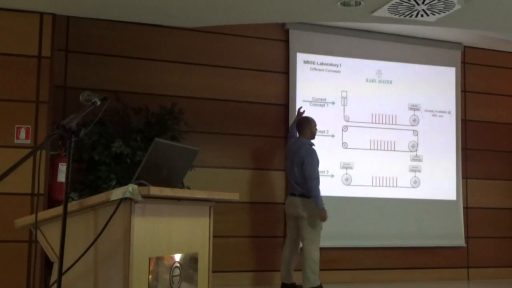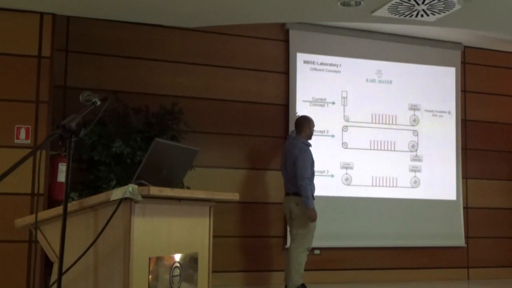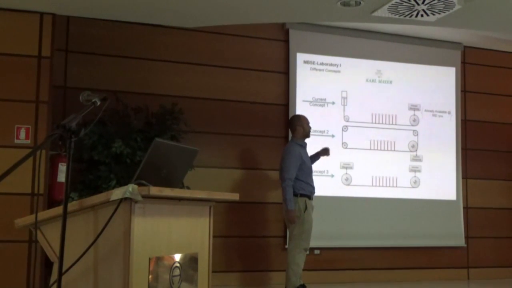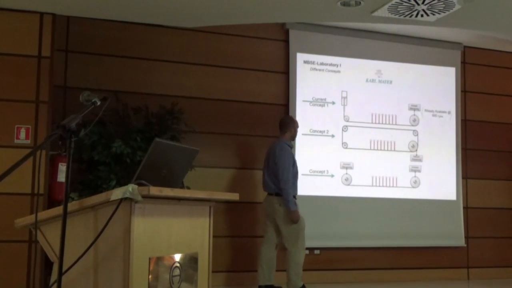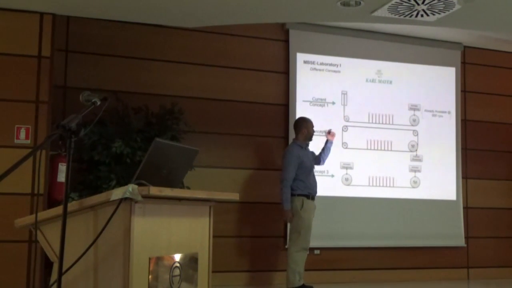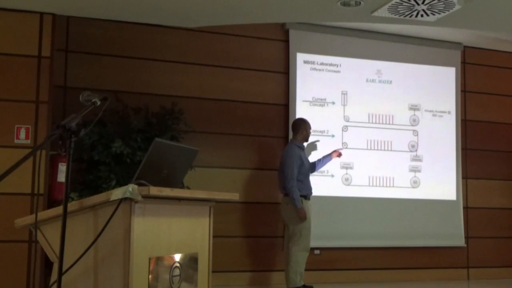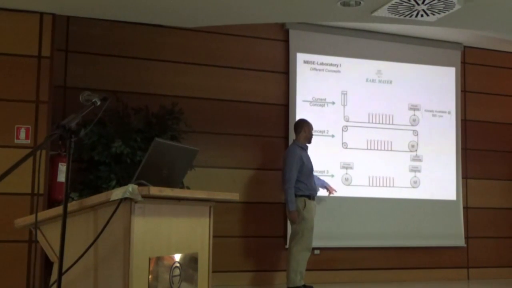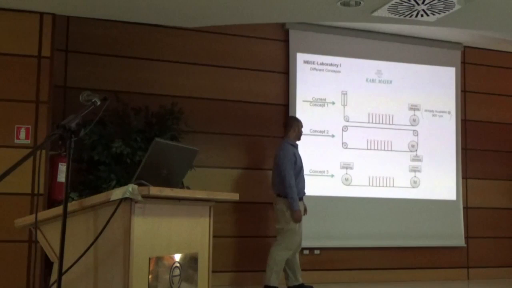This is their actual current design, and it's done with pneumatics. It runs at 900 RPM. So the design challenge is trying to increase this speed. Concept two has a belt system, a single motor, and concept three has three motors.